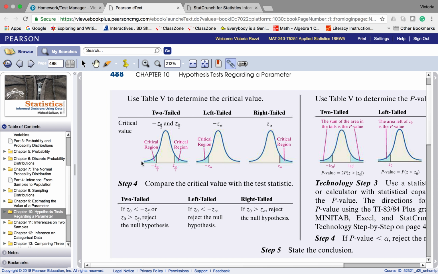So if Z falls in either one of these little regions, we would reject the null hypothesis. In the left-tailed test, the critical region is going to be this little area to the left, and in a right-tailed test, it'll be the area to the right. Depending on which tail test it is, it's important because that's how you're going to fill out your values in StatCrunch to figure out what value bounds your rejection region.